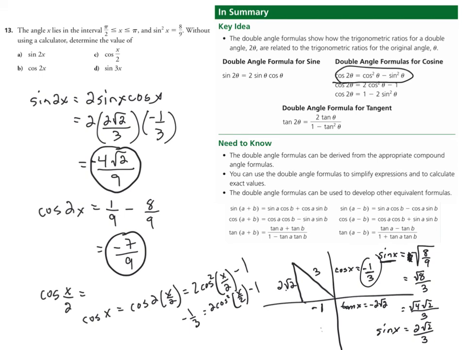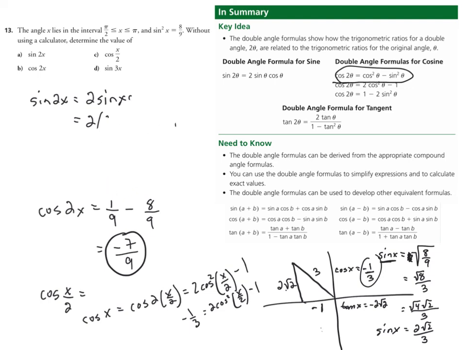So negative 1/3 equals 2 cos squared x over 2 minus 1. I'm going to need more room, so I'm going to go up here. So negative 1/3 we have equals 2 cos squared of x over 2 minus 1. We're going to add 1 to both sides, so it's like adding 3 over 3.